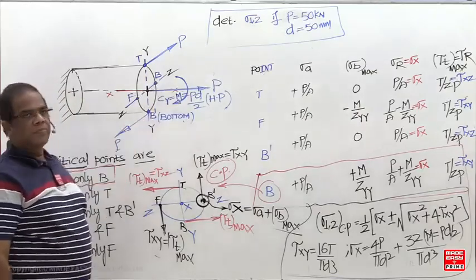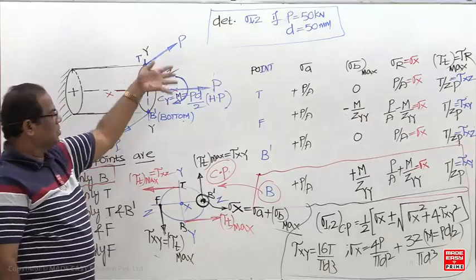So P value is given, D is given. Now you can do the calculations.